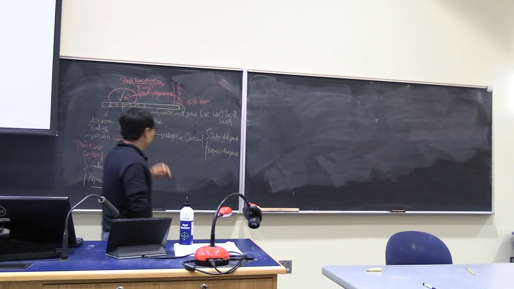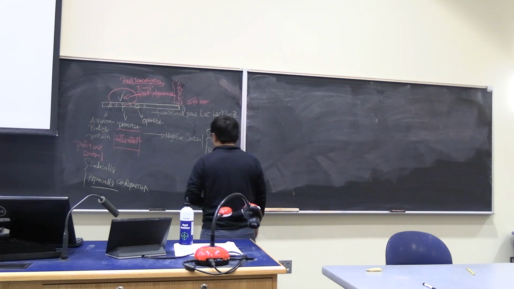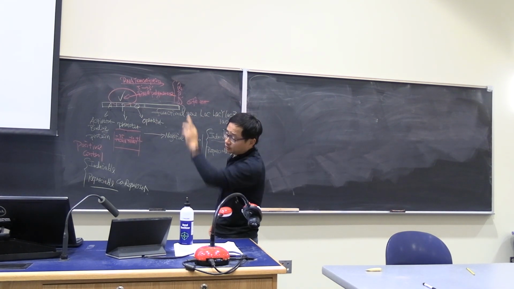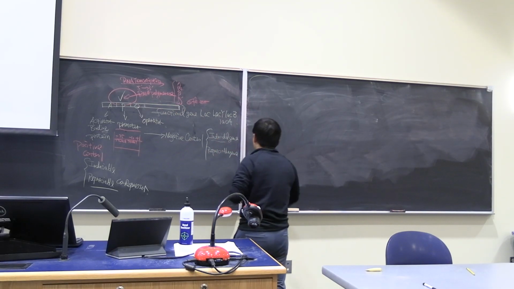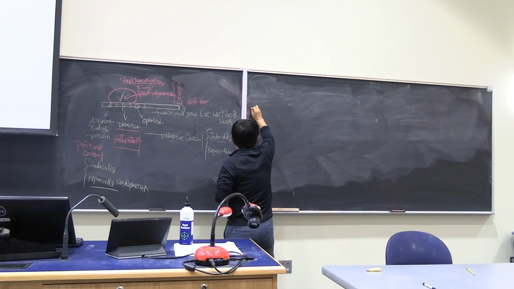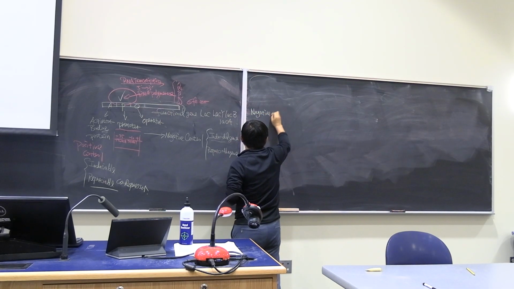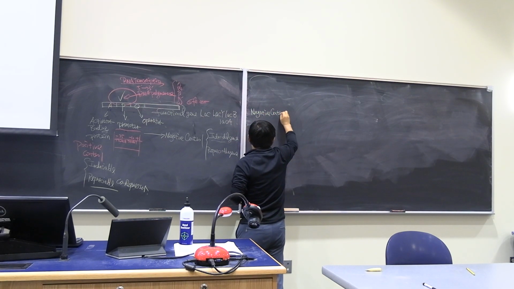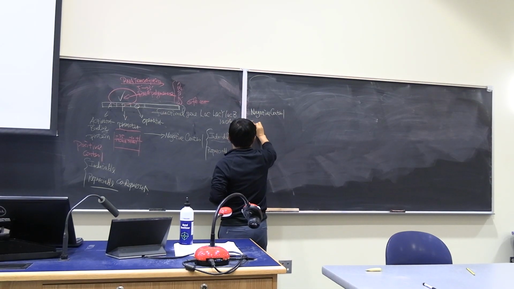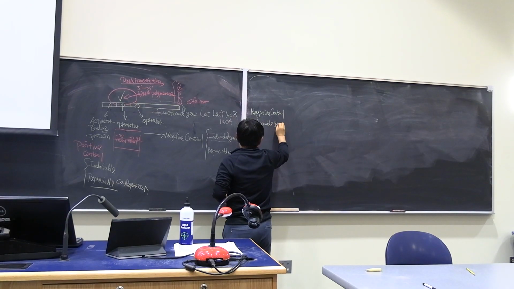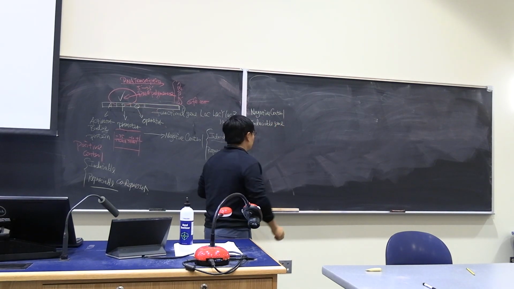Now, we want to give you some examples. The examples are already on the blackboard, so I want to emphasize. Let's talk about negative control with inducible gene. So what does this mean?